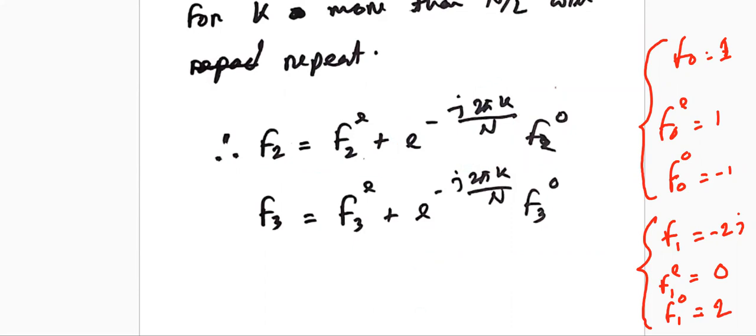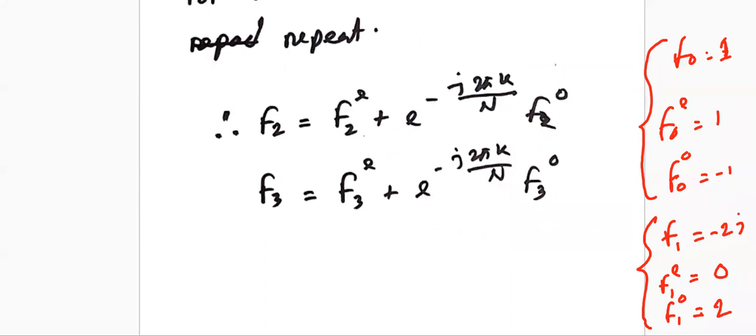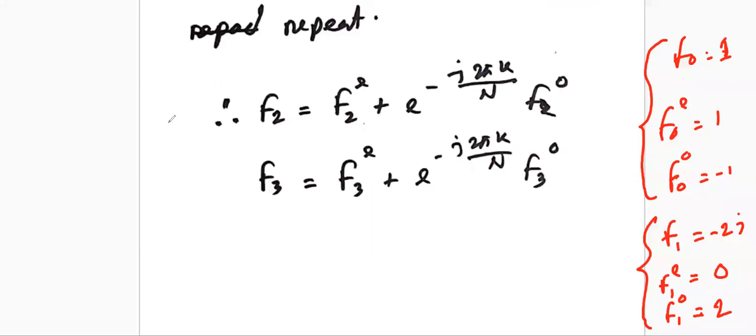So from the previous full equation, you can write like this. You can understand for k equals 2 and for k equals 3. This 3 is that and this 2 is that. This is even and this is odd.